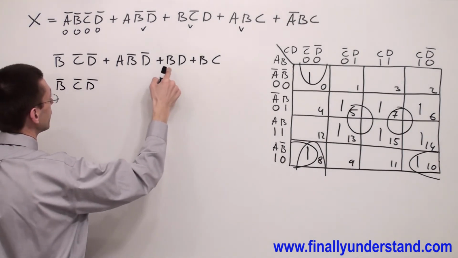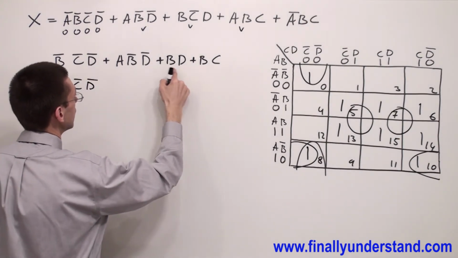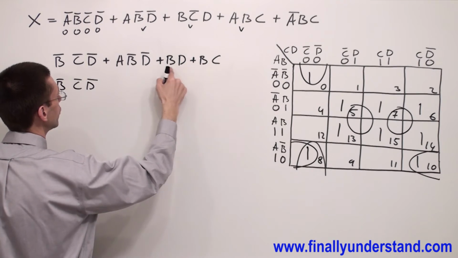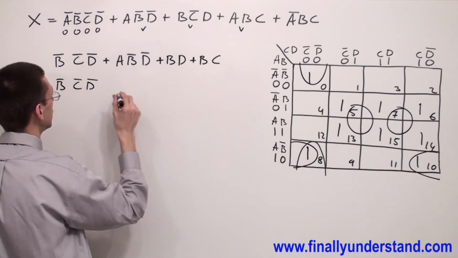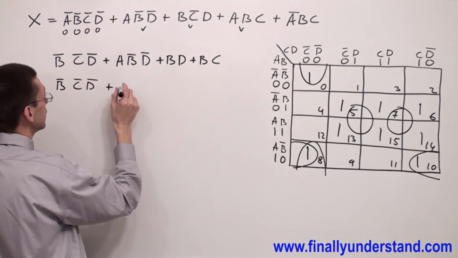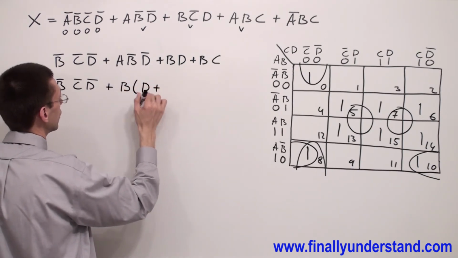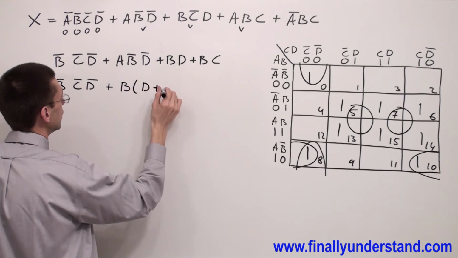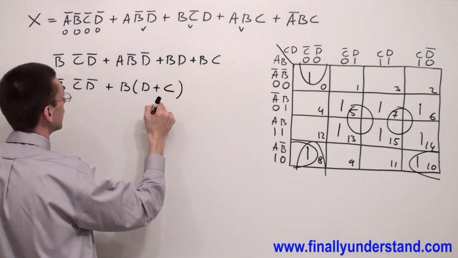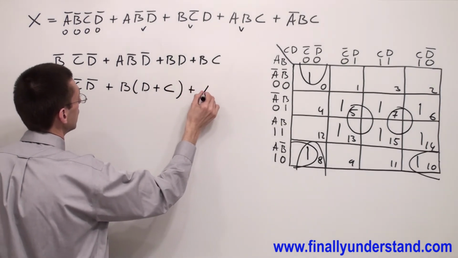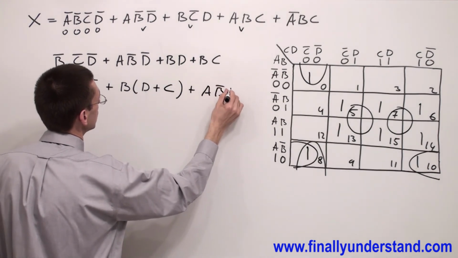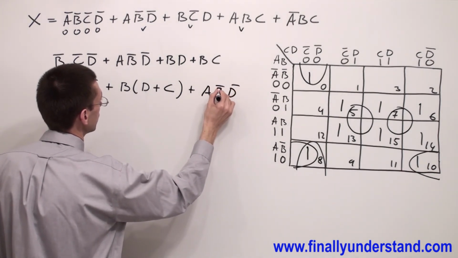I'm going to factorize B from these two terms. I have plus B and I have D or C, or A, B naught, D naught.